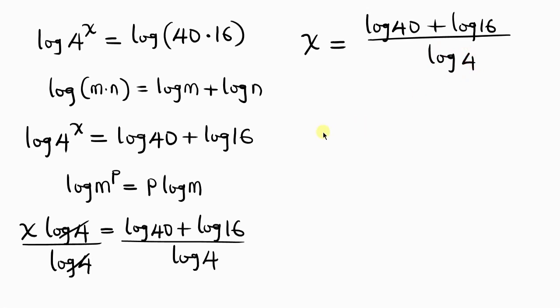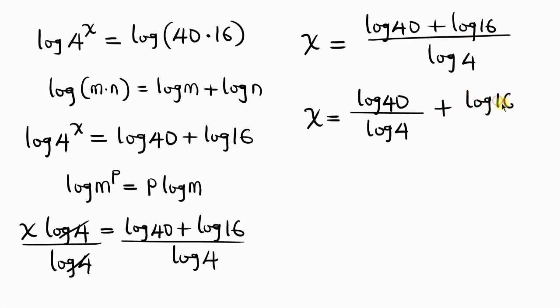Very good. Now our next step will be for us to separate the fraction, and this will be x equal to log 40 divided by the denominator, which is log 4, plus log 16 divided by the denominator, log 4.